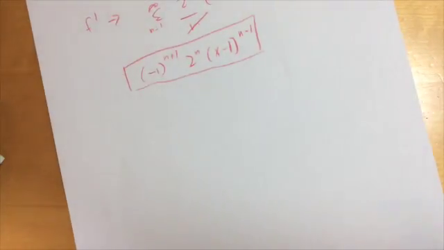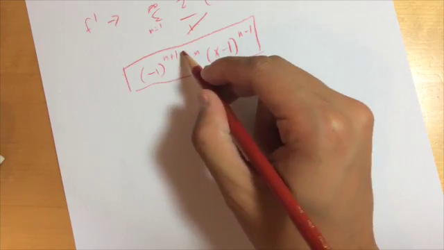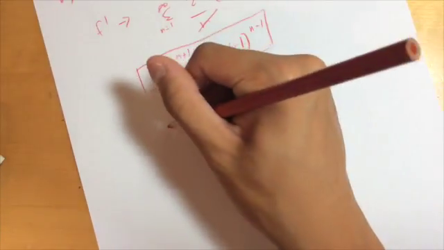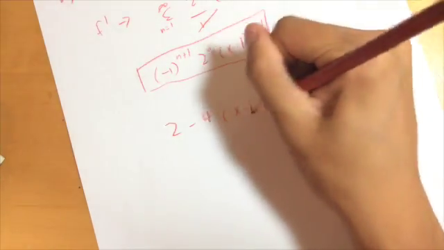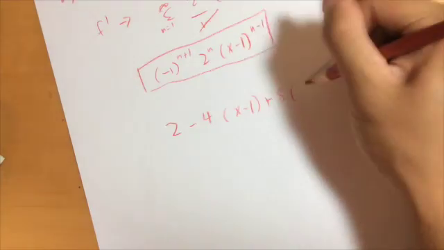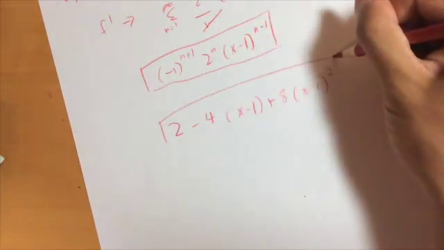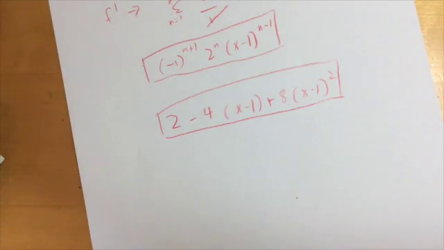For the first three non-zero terms, you just plug in n equals 1, n equals 2, and n equals 3. And you get 2 minus 4 times x minus 1 plus 8 times x minus 1 squared. So this would be the first three non-zero terms for f prime.